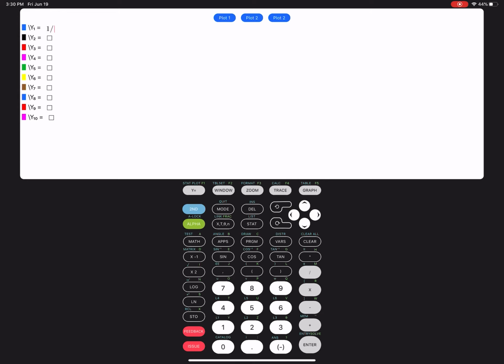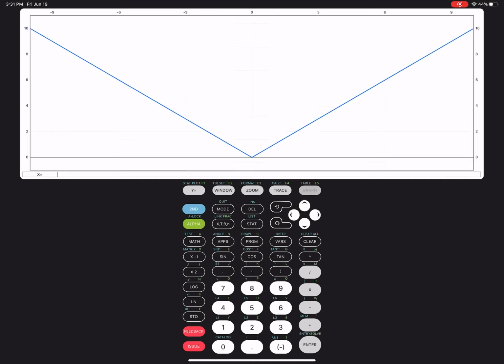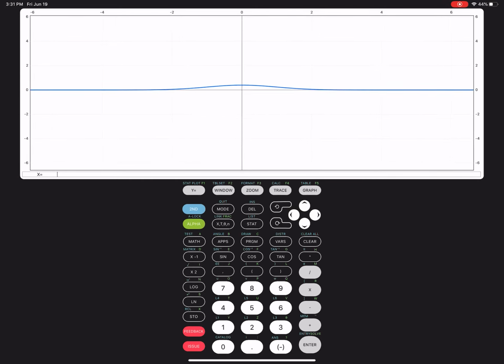So 1 divided by the square root of 2 pi, and then I have e raised to the negative x squared divided by 2, enter, and I graph that. That's what the curve looks like.